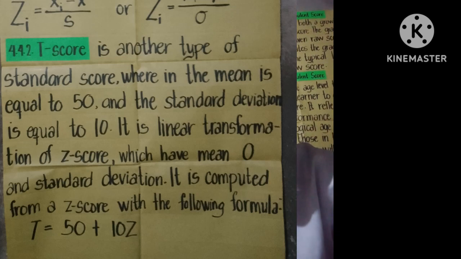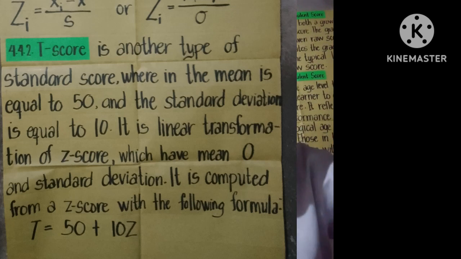It is computed from a Z-score with the following formula: T is equal to 50 plus 10 Z. A test score of 50 is considered average, with T-scores ranging from 40 to 60 as within the normal range. T-scores of 30 and below and T-scores of 70 and above are interpreted as low and high test performance respectively.